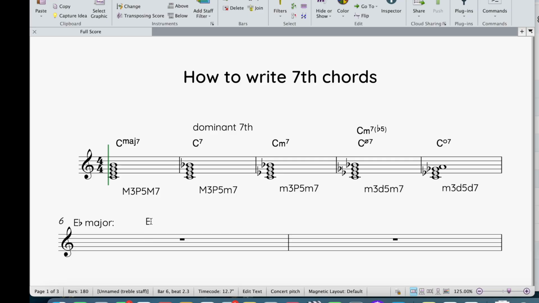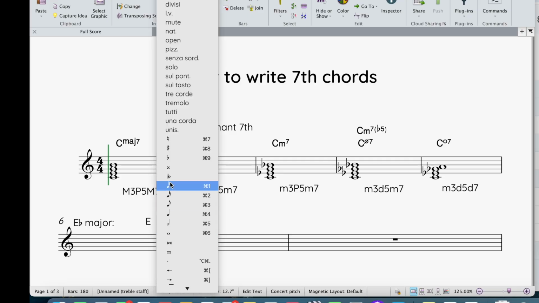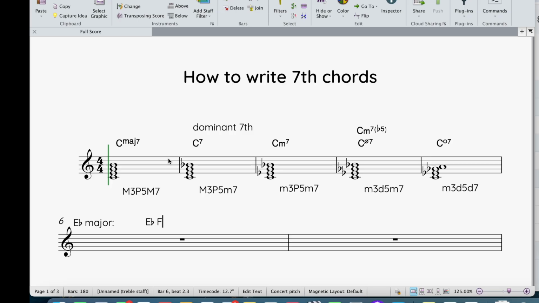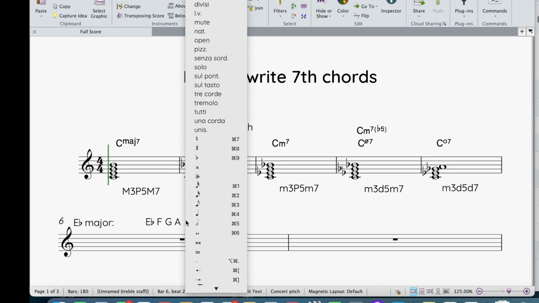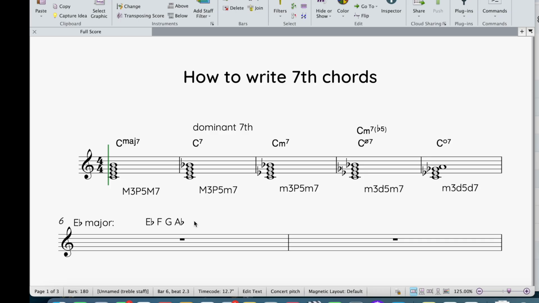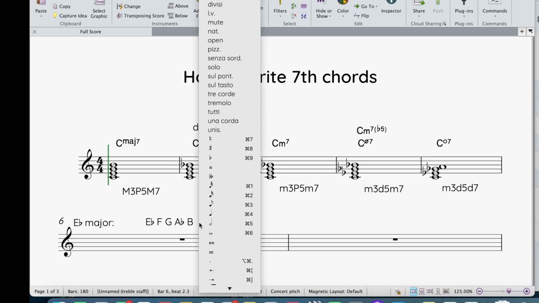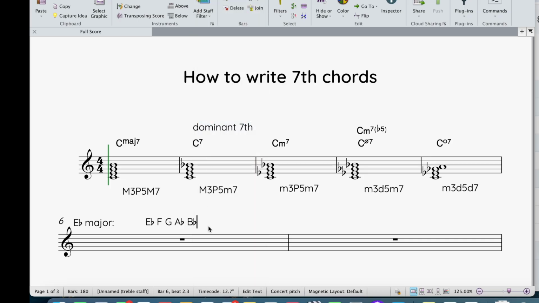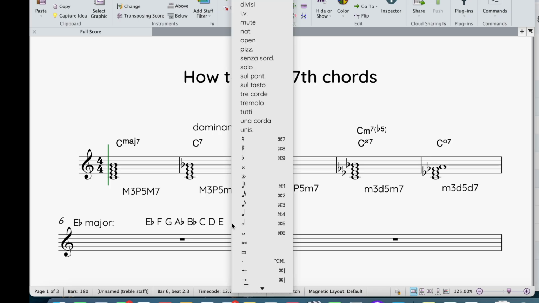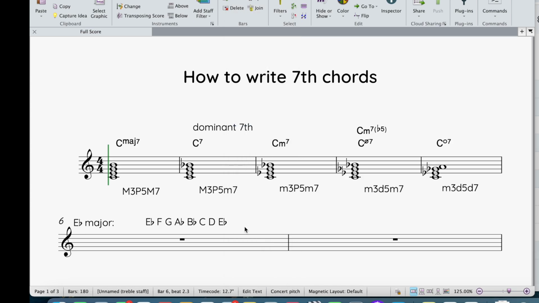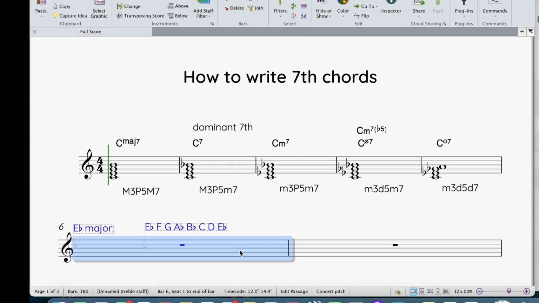So E flat, we've got an F. We've got a G. I'm writing the notes of the scale out here just so that when you see me work things out, you'll be able to reference the notes in the scale, because I think it'll help you. And E flat. So there you go. I've written the notes out so that it will help us work this one out.